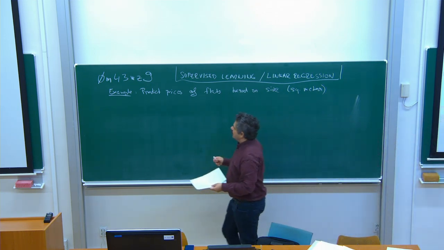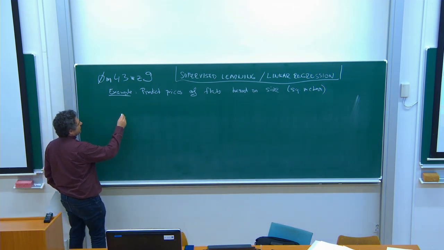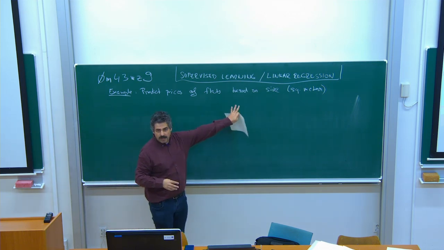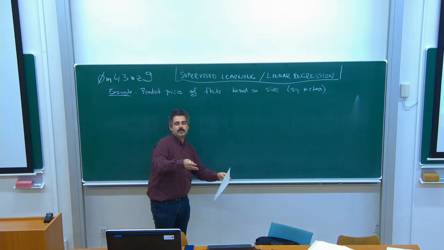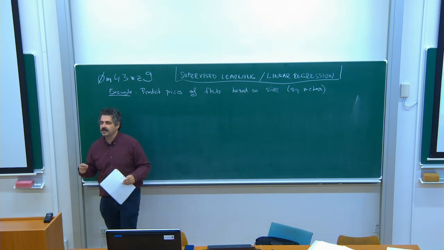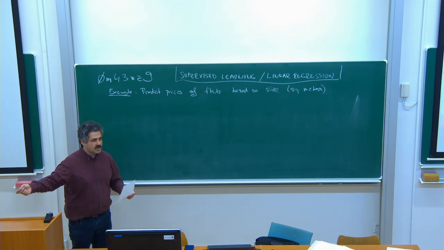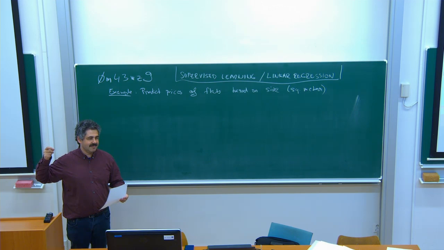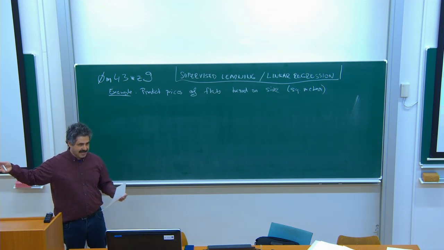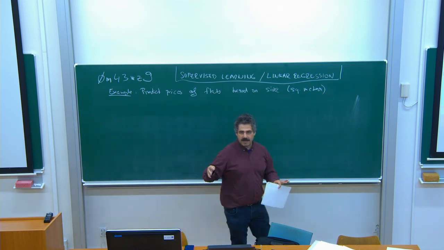Okay? So if you look at it a little bit more formally, you don't have just one parameter, you want to have multiple parameters, right? Maybe you don't only want square meters, you may also want, I don't know, whether it has a reconstructed kitchen, where it is located, things like that. So you might have multiple parameters.